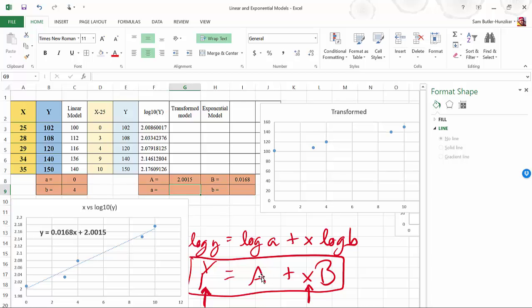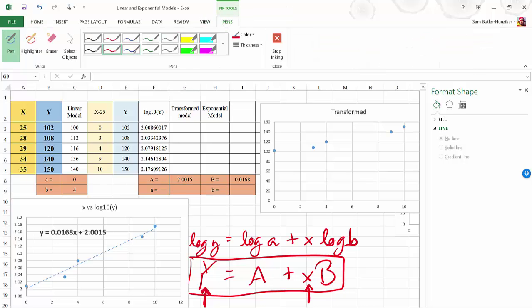Then to go from big A back to little a, we have to use a little bit of algebra. Break the pen out again here.